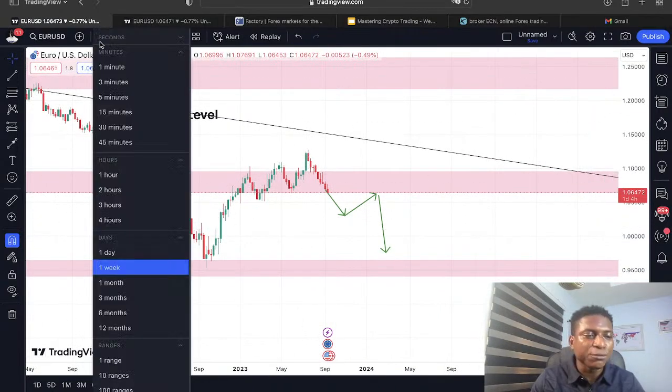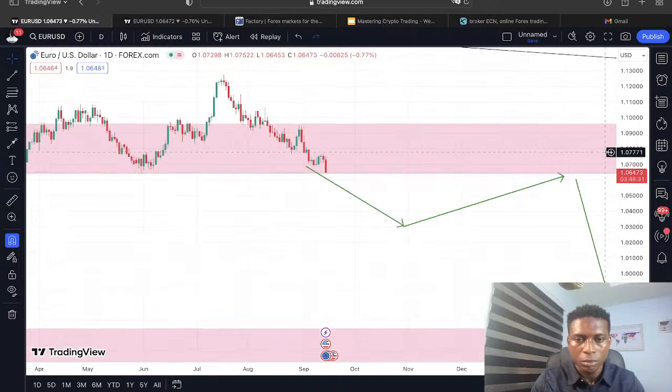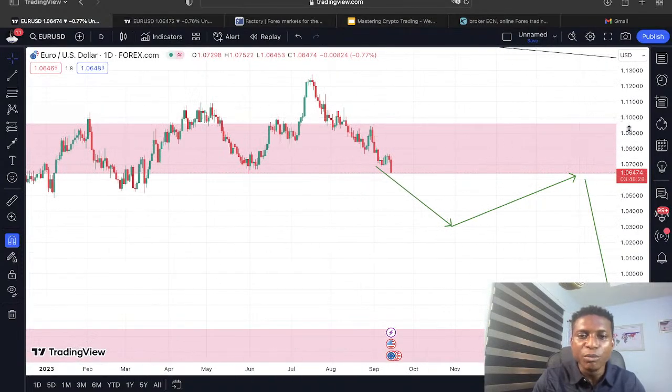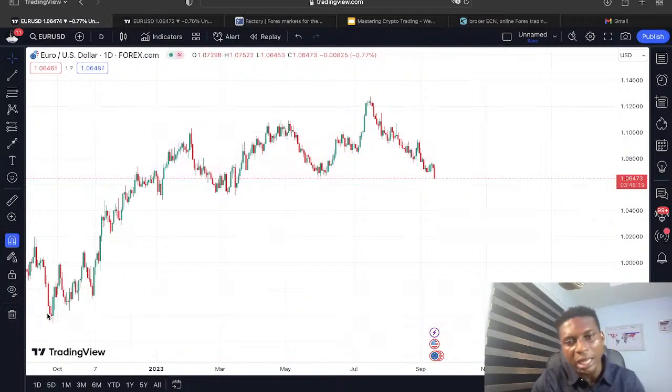Now let's look at this from the daily time frame. On the daily time frame, we can see something unique. Let me clear all these other lines.